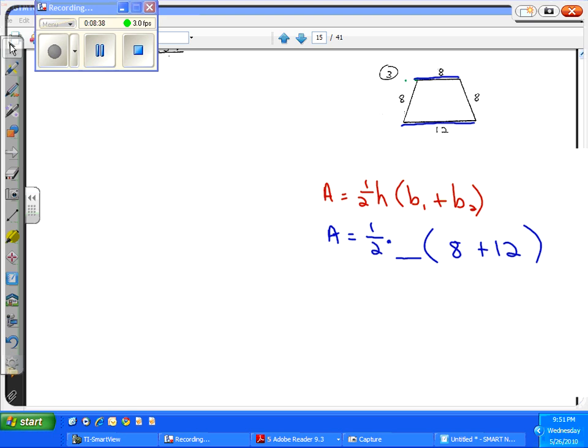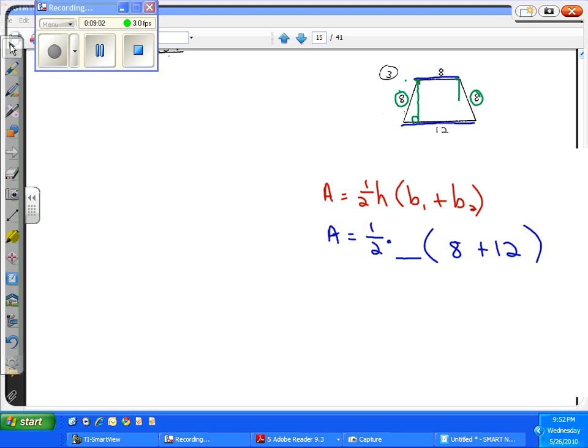So we're going to draw the height. It makes a right triangle, but all we know is one side. So that's no good. But there's something special about this trapezoid. It's an isosceles trapezoid. It's isosceles because it has equal legs.